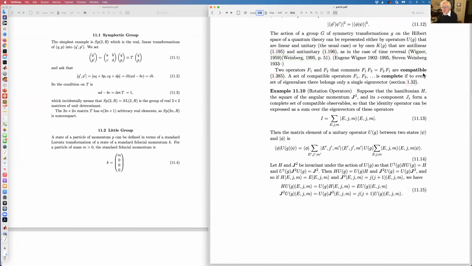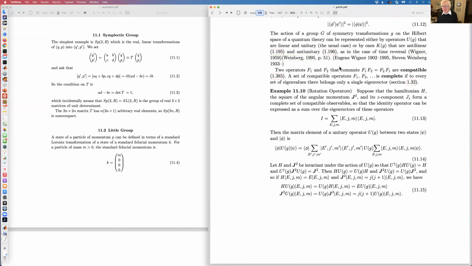This is just a definition, namely 2 operators that commute are said to be compatible, and a set of compatible operators is complete if you could use those physical properties to distinguish every physical state from every other physical state.